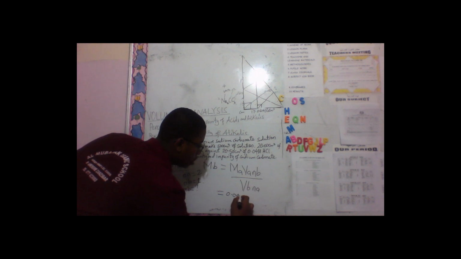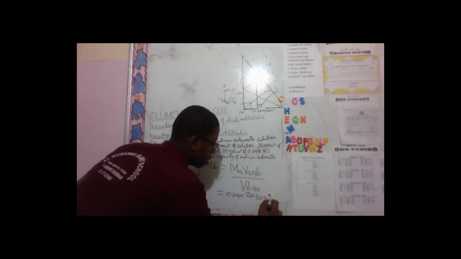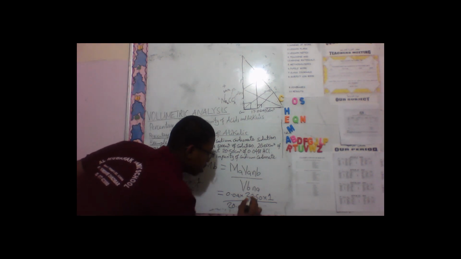Molarity of acid is equal to 0.04, times volume of acid is equal to 20.50, times number of base is equal to 1, divided by volume of base is equal to 20.00, times number of acid that is equal to 2.